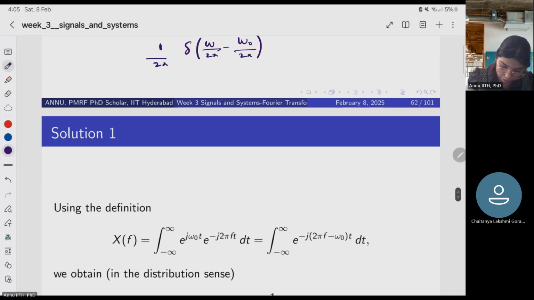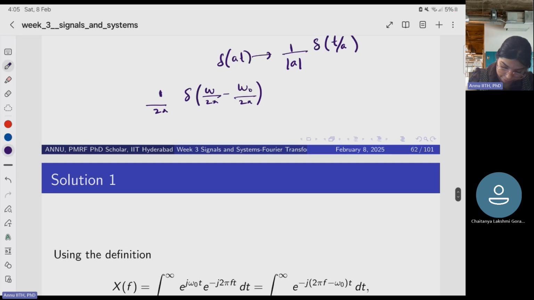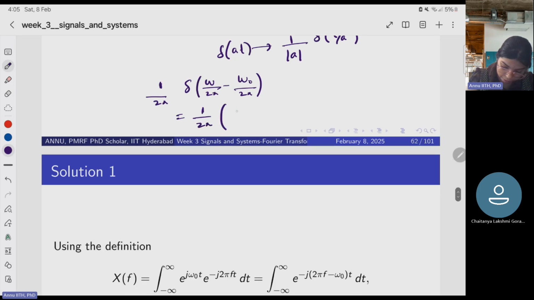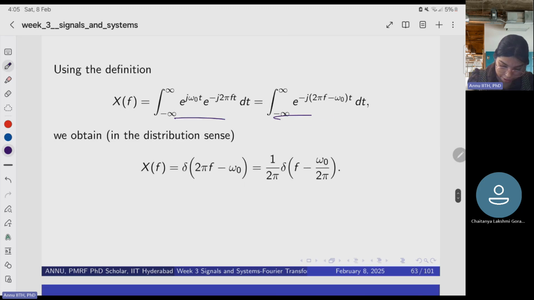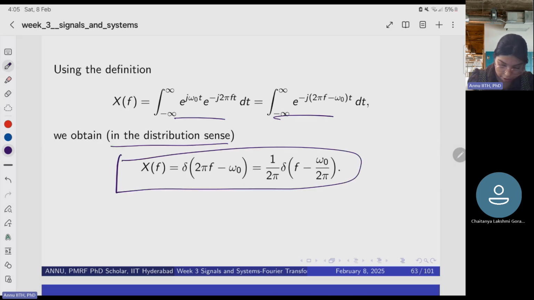Okay, done. So 1 by 2 pi, and this is nothing but f only, so f minus omega naught by 2 pi. Answer is correct. So utilizing a simple formula, we obtain in the distribution sense, and this is the answer.